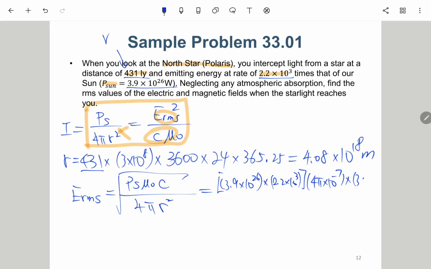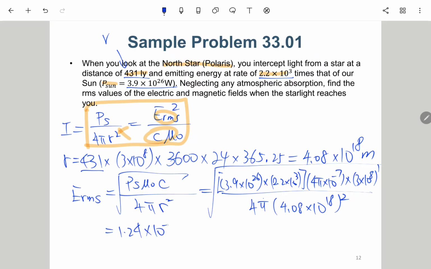And then here is 3 times 10 to the 8th power, all over 4 pi, and then R is 4.08 times 10 to the 18th power square, and then taking the square root. So this is actually 1.24 times 10 to the negative third.